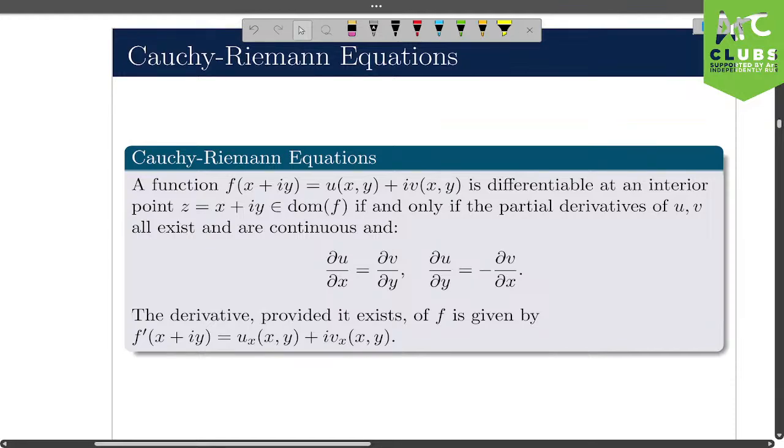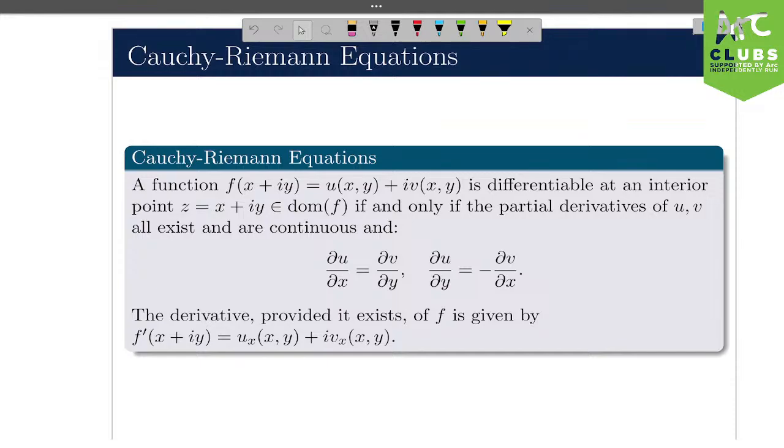Cauchy-Riemann equations. So what is a Cauchy-Riemann equation? For most complex functions, we can use the Cauchy-Riemann equations to determine if a function is actually differentiable or not. With every complex function, we can split it into real functions u and v.